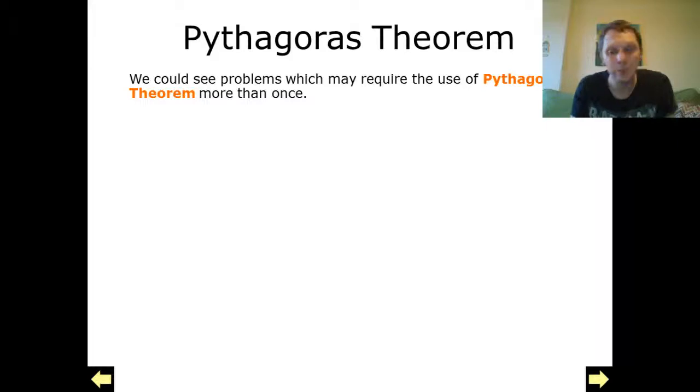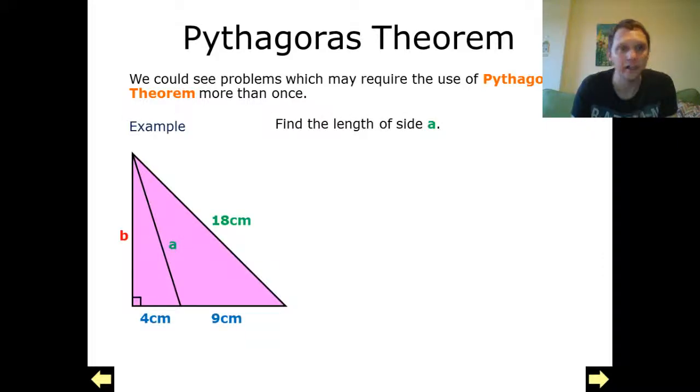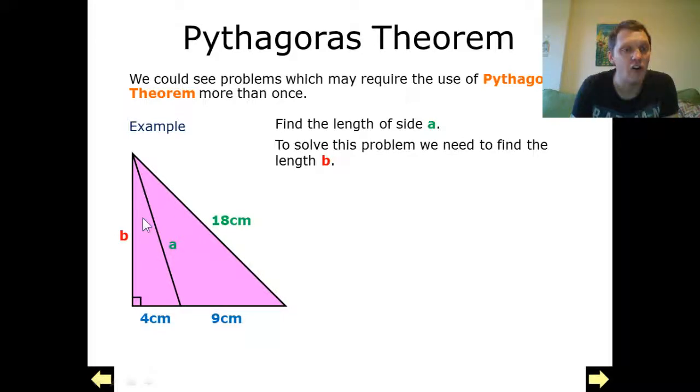Now we can see problems which are a bit more involved. So here I've got a bit more of a harder problem where I've been asked to solve this length of A. Now this actually means I've got to use Pythagoras twice, because first of all I need to solve what B is, which is going to lead me to solve what A is.